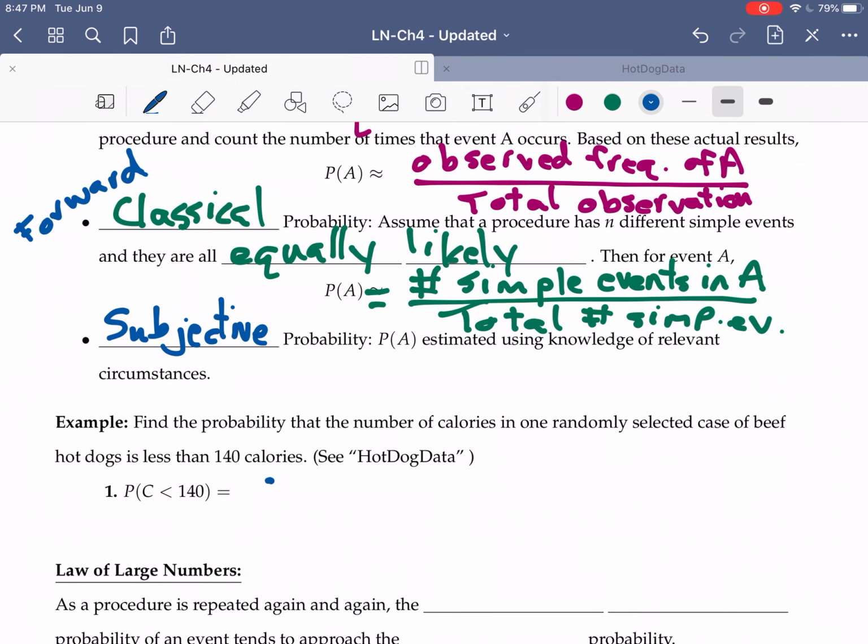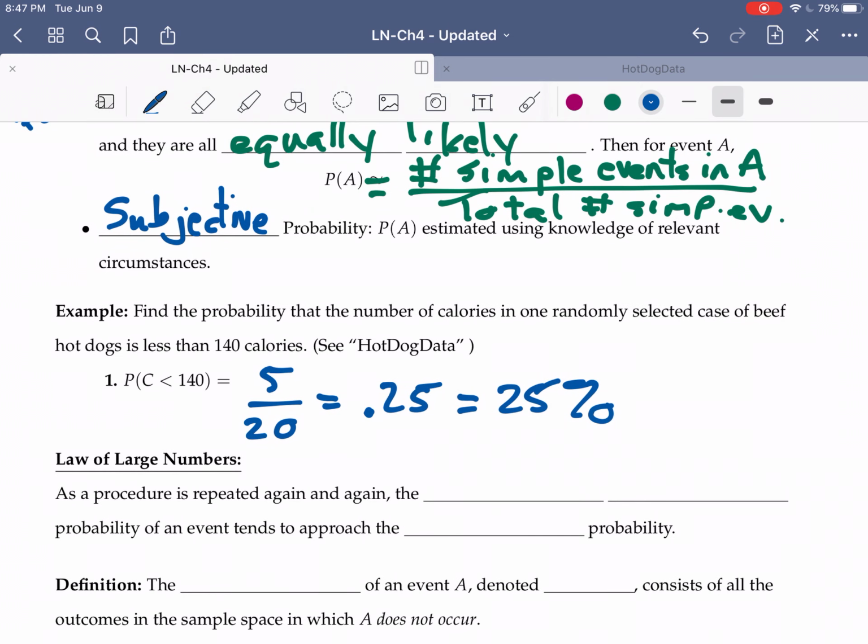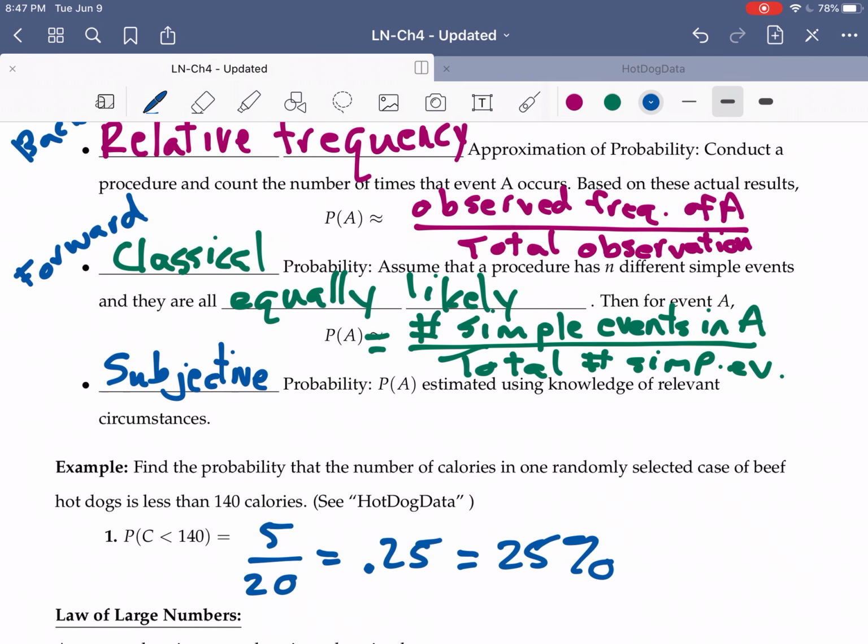So that relative frequency approximation would be 5 out of 20, which is 0.25, or as a percent, 25%. So that would have been using a relative frequency approach.